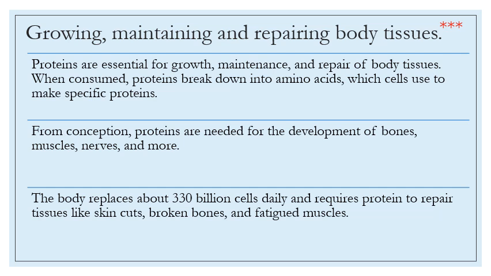From conception, proteins are needed for development of our bones, muscles, nerves, and more. And the body replaces around 330 billion cells per day, which requires protein to repair our tissues like our skin that's cut, bones that are broken, and also potentially our fatigued muscles.